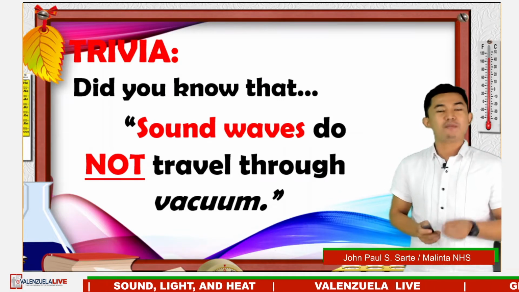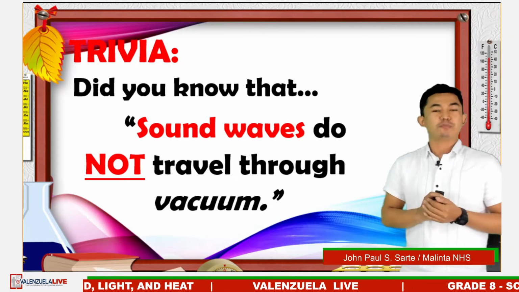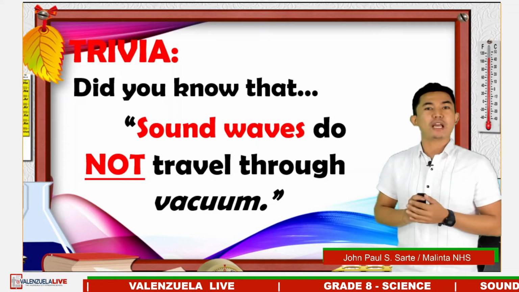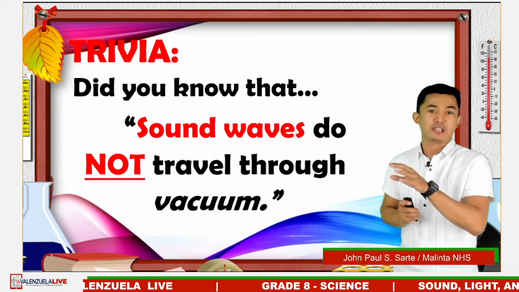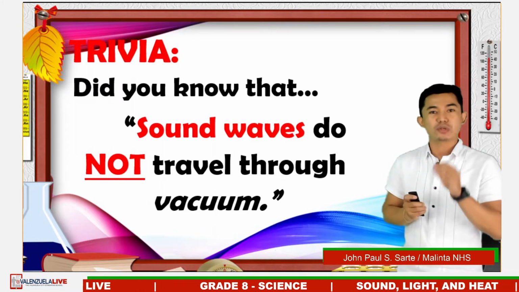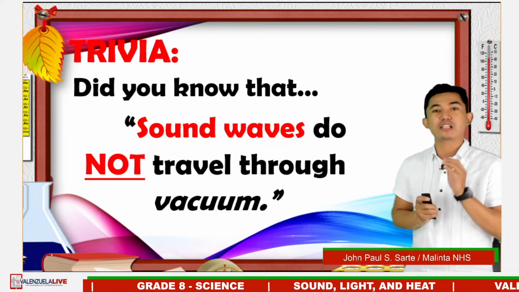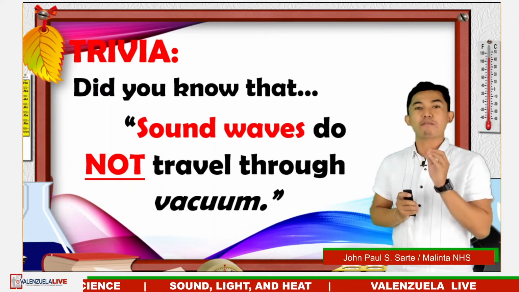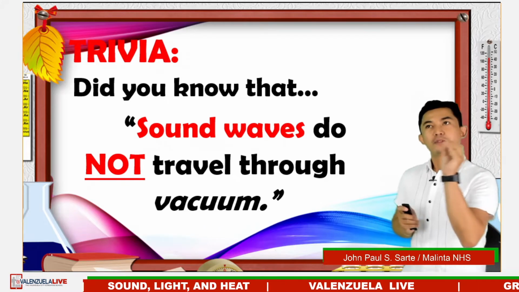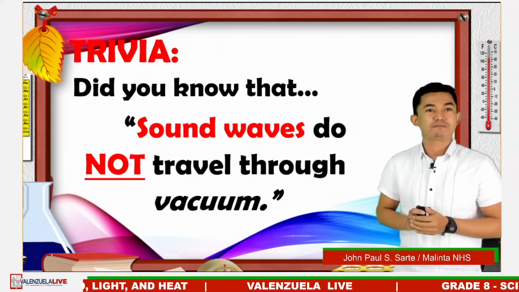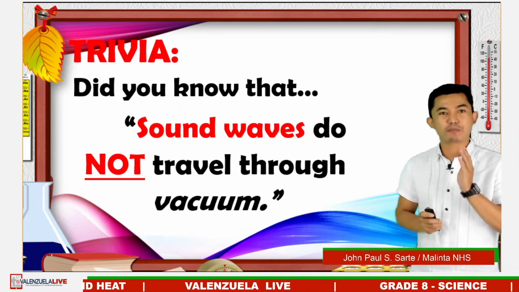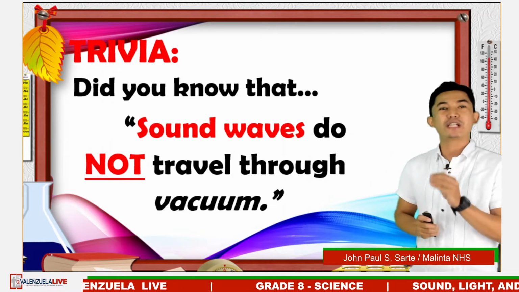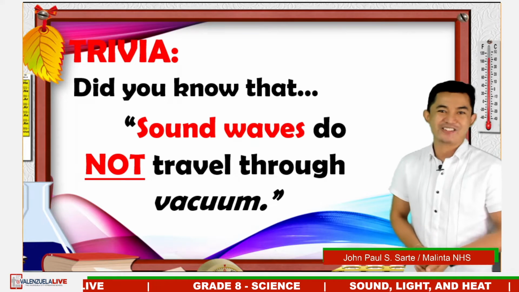A mechanical wave is defined as the vibration of energy that cannot transmit from one place to another. So sound waves here, class, do not transmit energy because there are no particles or matter that the sound waves can travel through. So do not forget this trivia for you. For the last time, sound waves do not travel through vacuum.